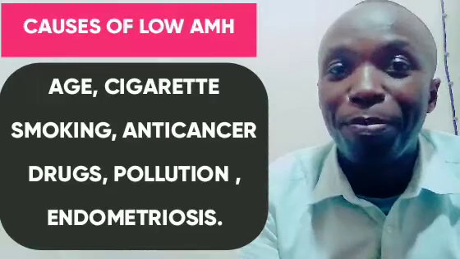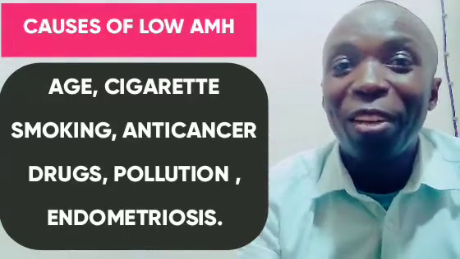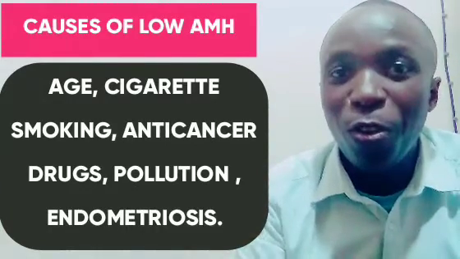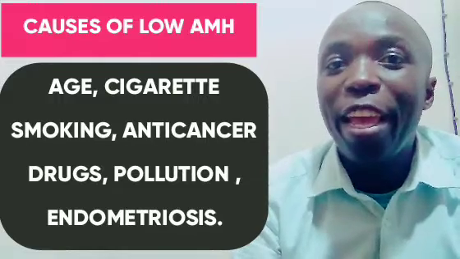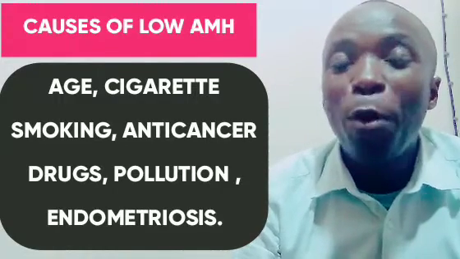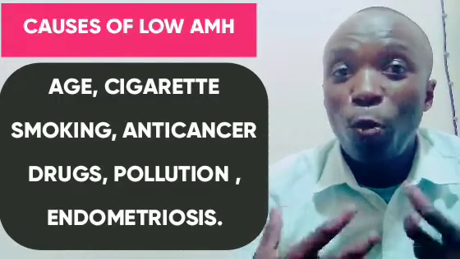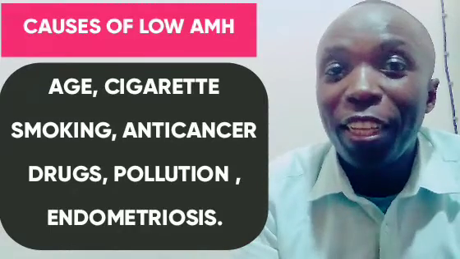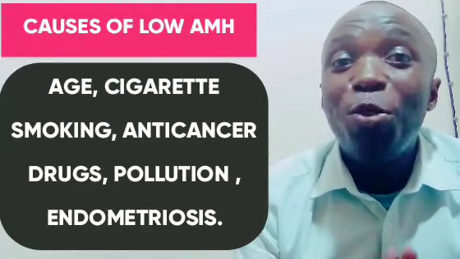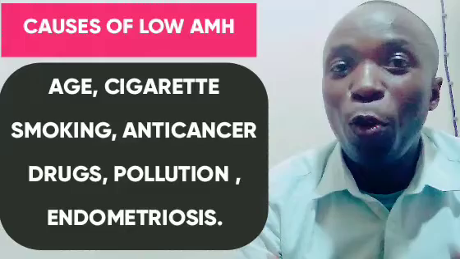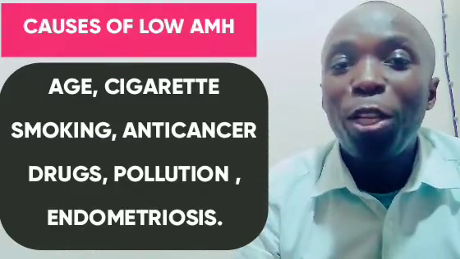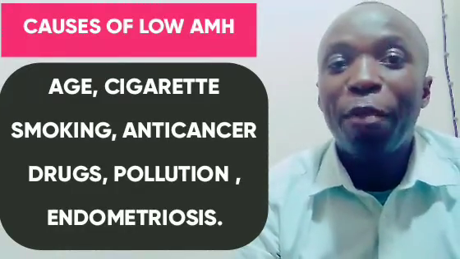How can you tell that the quality of your eggs is reducing? The only way to get a clear picture of how your eggs are doing is by doing a test known as the anti-Mullerian hormone.